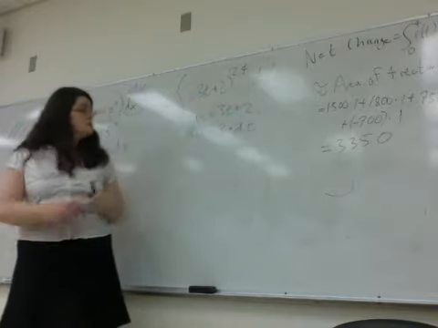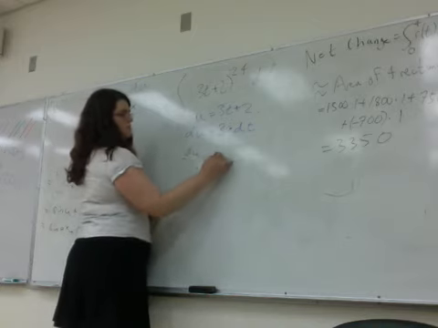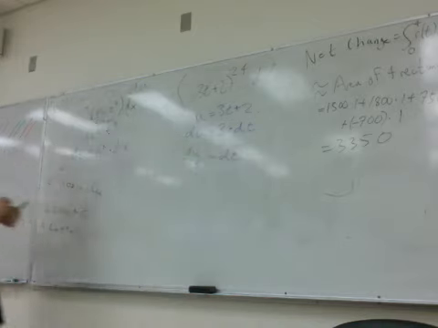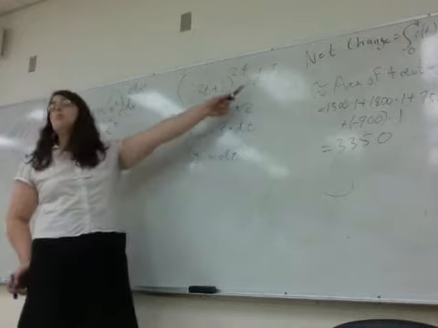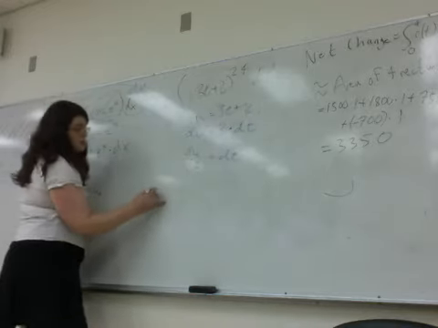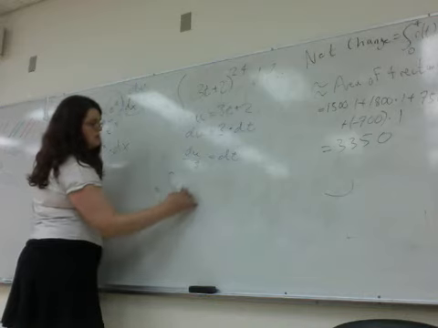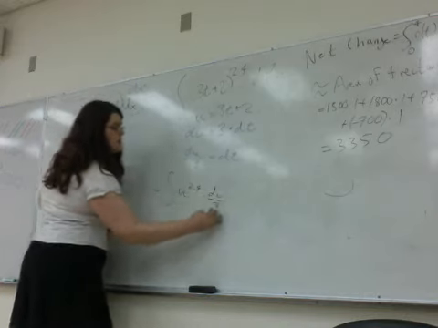But what I can do is divide both sides of this equation by 3. Du over 3 is dt. What that means is when I see the dt here, I can replace it with du over 3. So this integral becomes u to the 2.4 times du over 3.